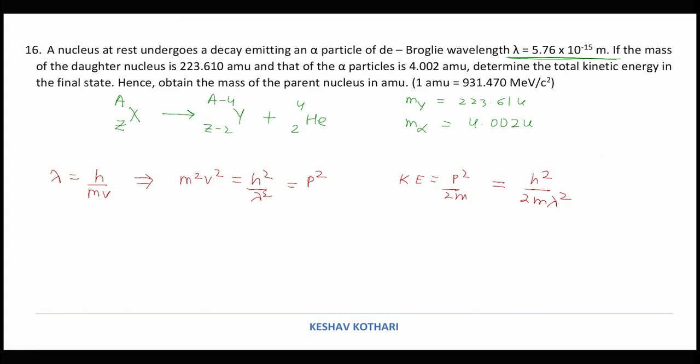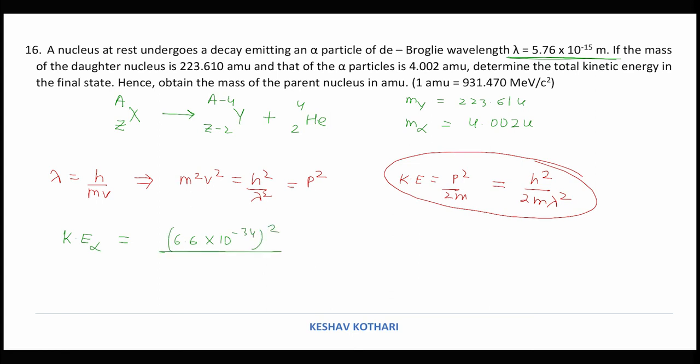So now we are applying the equation. This is going to be our working formula for obtaining the value of kinetic energy for alpha particle and the nucleus Y. So the kinetic energy for alpha particle can be calculated as h square, that is 6.6 into 10 to the power minus 34 square, upon twice the mass of alpha particle, that is 4.002 AMU.